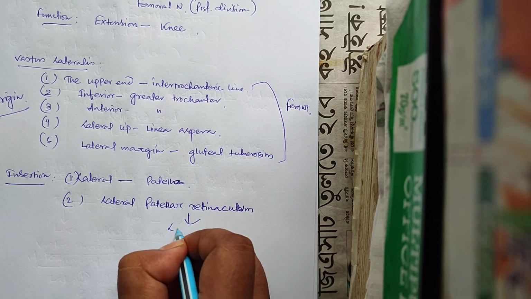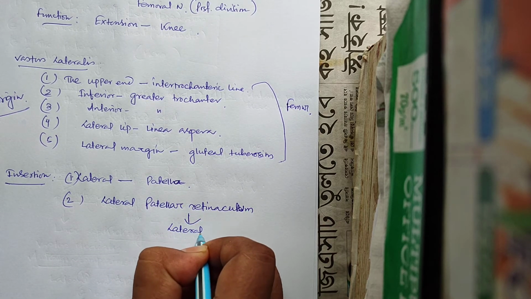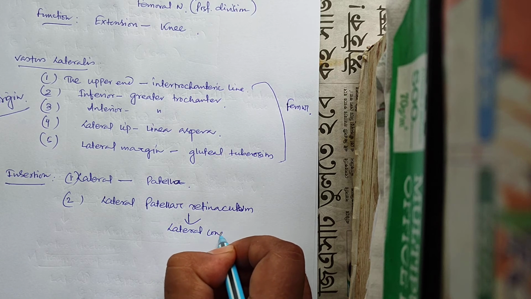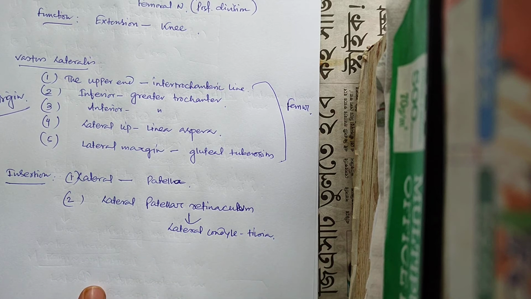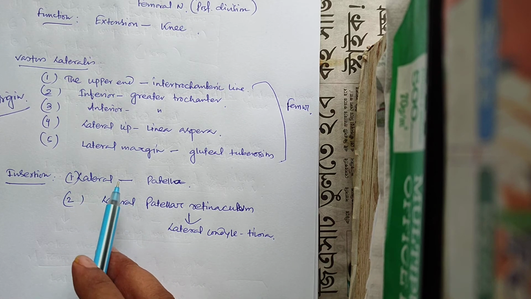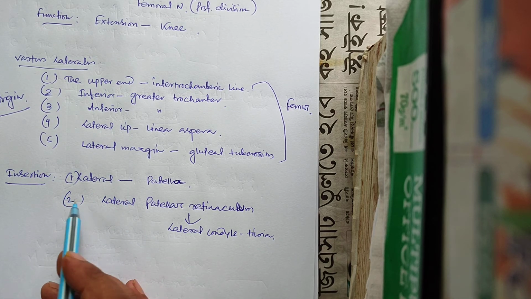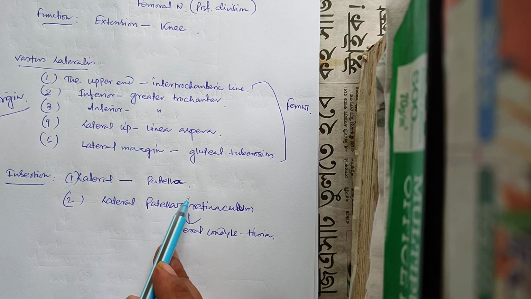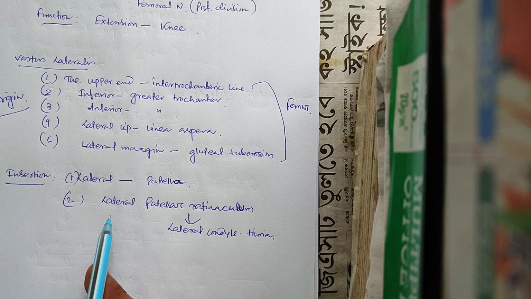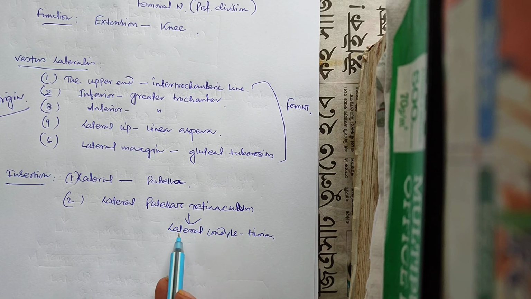So the vastus lateralis is inserted into the lateral border of the patella and through the lateral patellar retinaculum into the lateral condyle of the tibia.